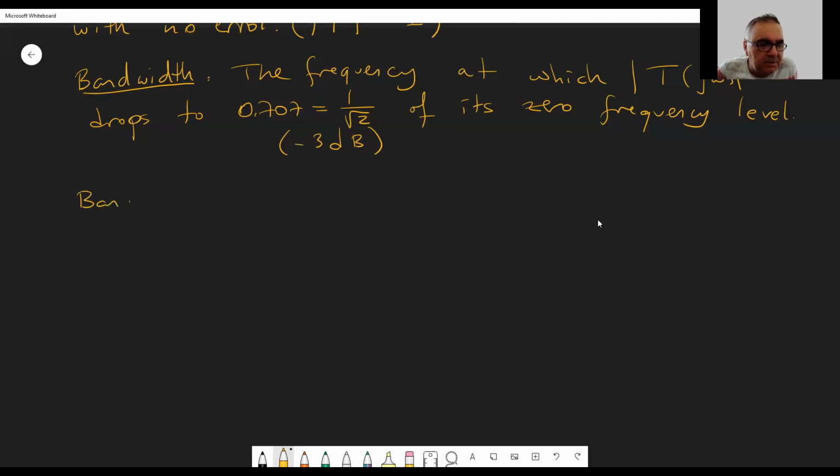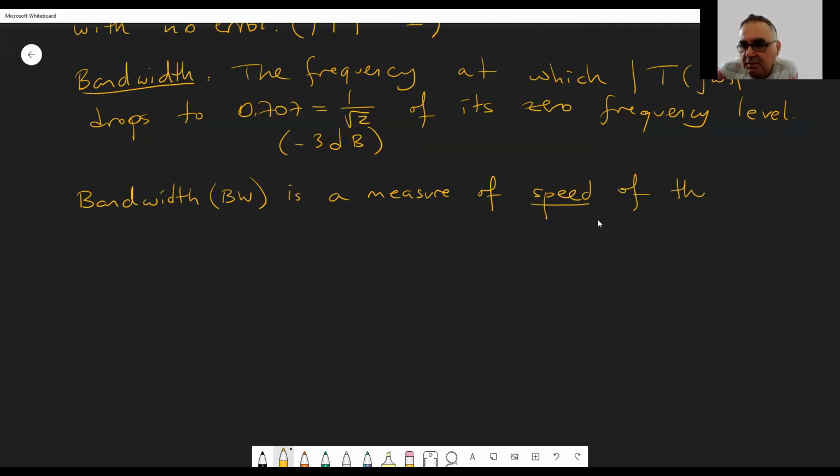So bandwidth, which we usually abbreviate with BW, is a measure of speed of the closed loop system.